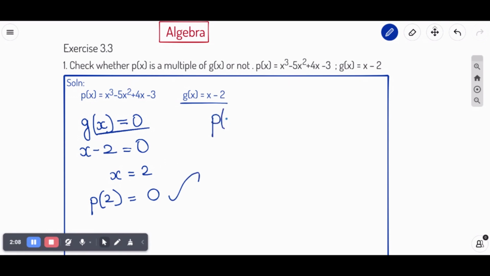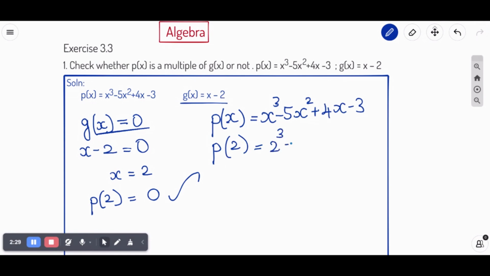So our p of x will be equal to x cubed minus 5 x square plus 4 x minus 3. This is given. So what we are going to check is whether x minus 2 is a factor here. So let us check 2: 2 cube minus 5 into 2 square plus 4 into 2 minus 3.